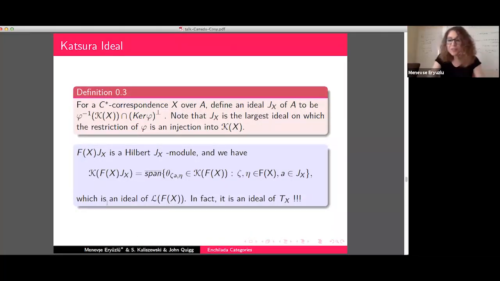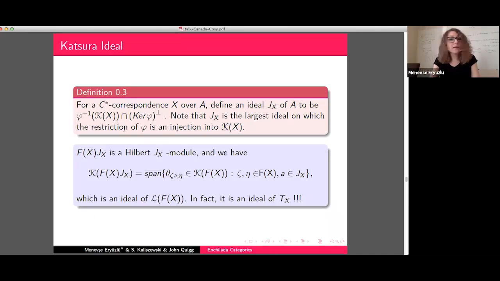Now it's the Cuntz-Pimsner algebra's turn. Katsura comes up with this famous ideal. We are going to call it the Katsura ideal, and it's denoted by Jx. Extreme cases are possible, so Jx can be 0. In that case, the Toeplitz algebra and the Cuntz-Pimsner algebra are the same.